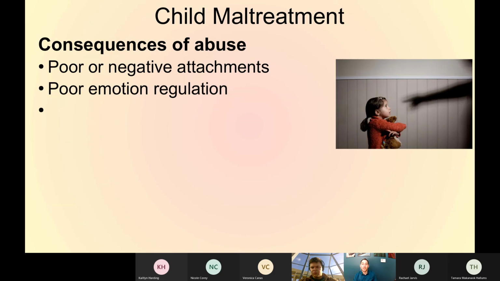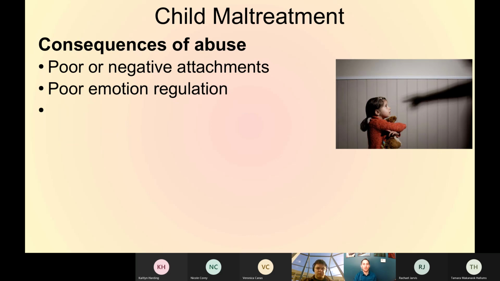With that being said, the consequences or risk factors for abuse are that children who have been mistreated are more likely to have poor or negative attachment styles. So that's not secure attachment. Basically, any kind of anxious, avoidant, insecure attachment styles are more common. Poor emotion regulation.